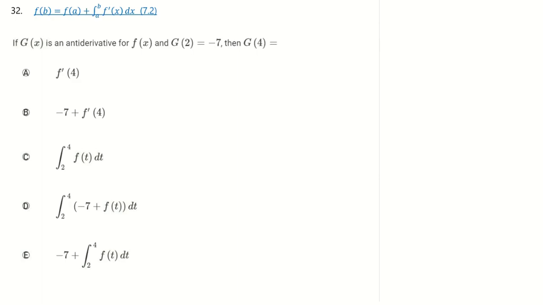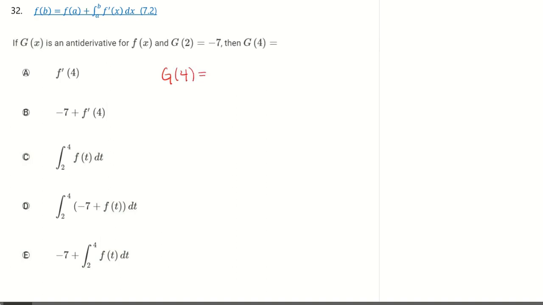So if g is an antiderivative for f and g of 2 is negative 7, basically if I've got g of 2 and I want g of 4, and I don't know very much about g, what I can say is that g of 4 equals g of 2 plus the integral from 2 to 4 of g prime.